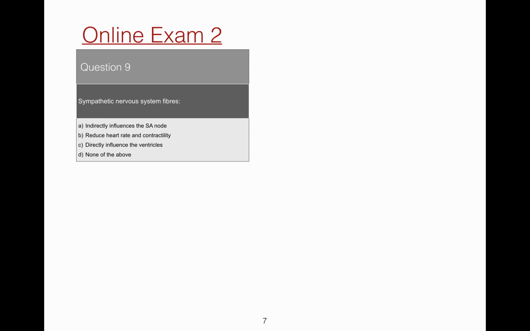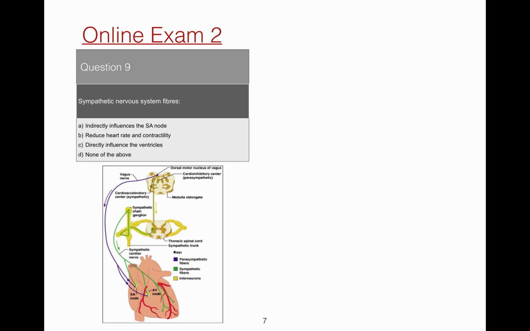Question 9 asks for the correct statement about how the nervous system influences the heart. Sympathetic and parasympathetic nervous fibers both directly influence the heart, so the correct answer is that they directly influence the ventricles.